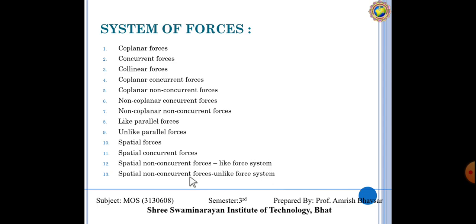Non-concurrent means they are acting on different points, but it is like parallel forces, means parallel to each other in the same direction. Next one is spatial non-concurrent forces, but it is unlike parallel. The same thing, but the direction of forces is different over here as compared to number 12.